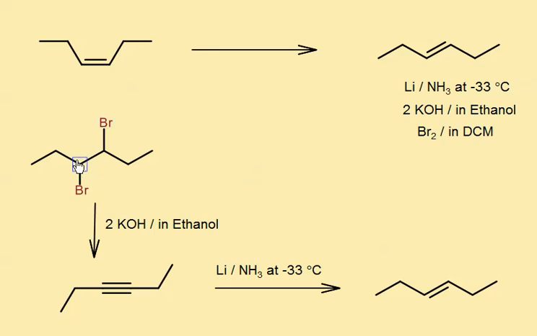So it must have been the dibromo alkane that was in the previous step, turning that carbon-to-carbon bond into a triple bond. Of course, we didn't start with the halogens attached, so that alkene must have originally been reacted with some bromine and dichloromethane, and we get back to that original starting material, the cis conformation of the alkene.